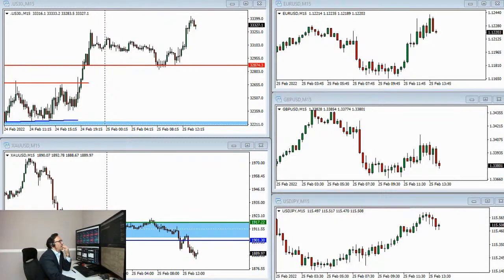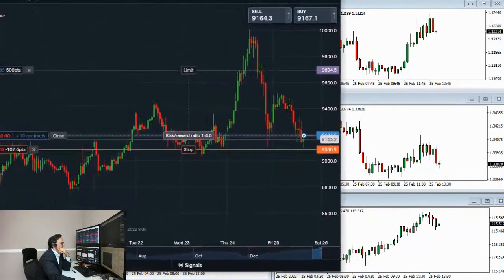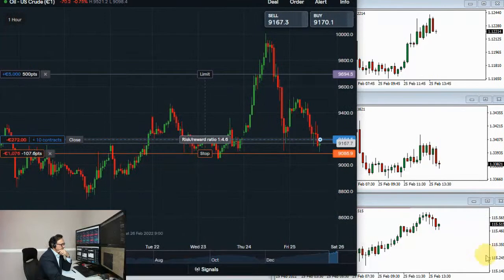So I am in that trade now. Where is my... adjusting that? Okay, here we go. Slowly adjusting the stop. So this is where I am with the crude oil.